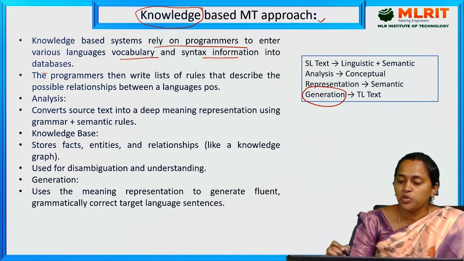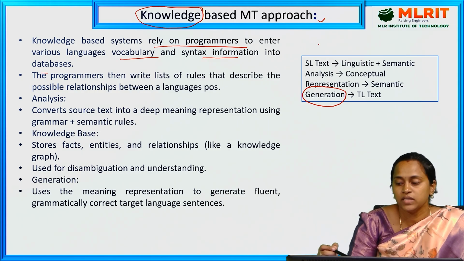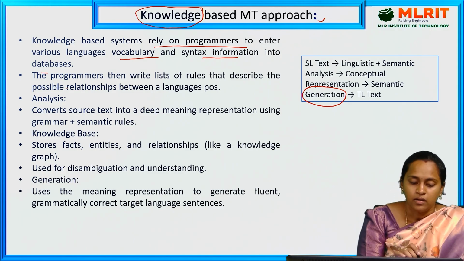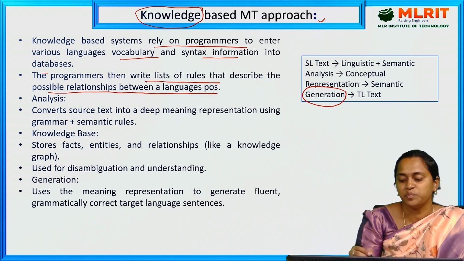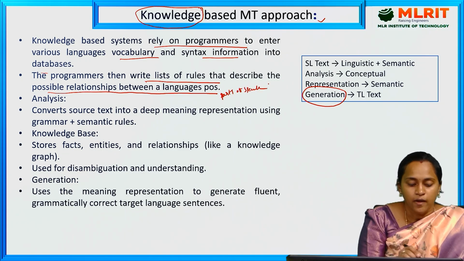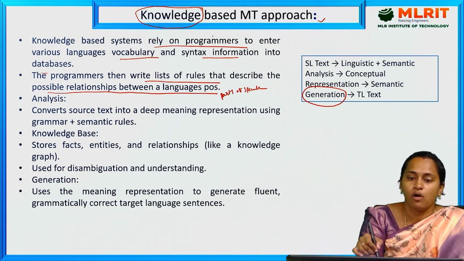Knowledge means, suppose we give one sentence, the system will give more information about that particular sentence. The programmers then write a list of rules that decide the possible relationships between the language parts of speech. Here is how the analysis is done in knowledge-based translation.